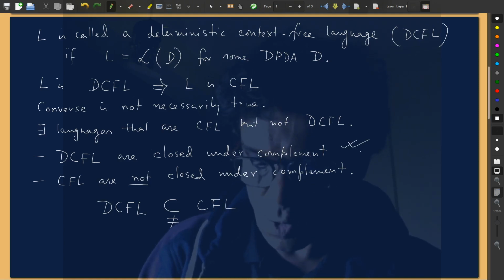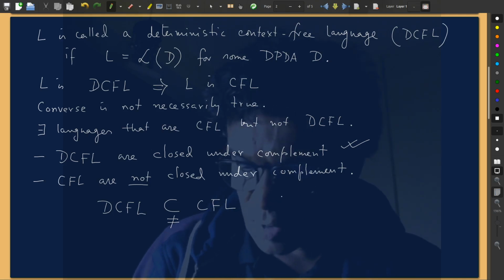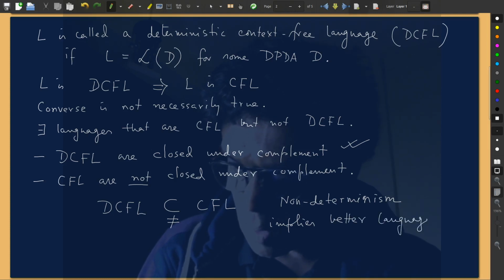So this is the thing that I will prove, and it is not exactly so easy as the next example will show. But anyway, the important thing here is that in the context of context-free languages, non-determinism implies strictly better language recognition capability.